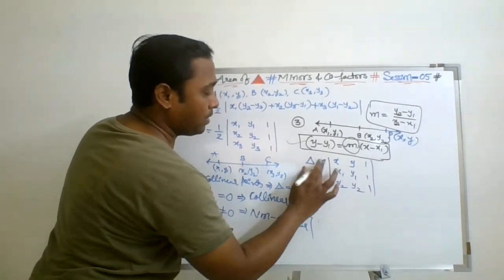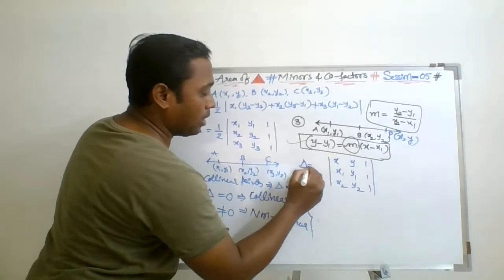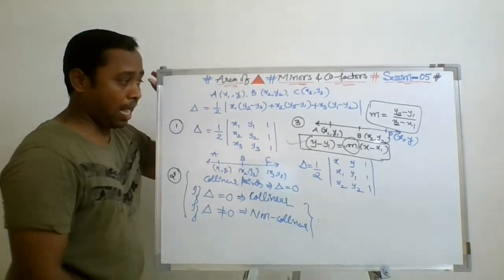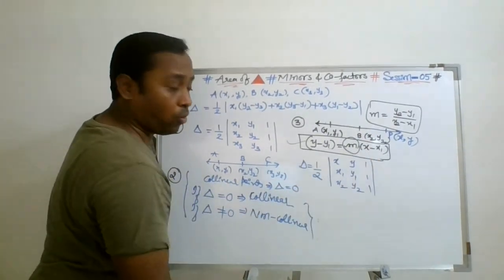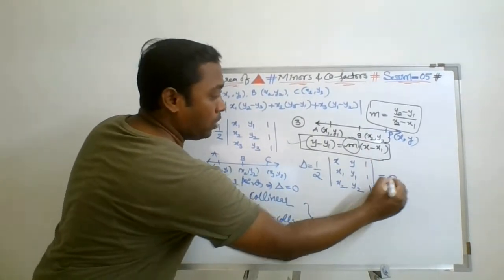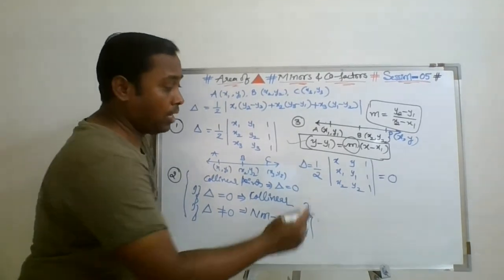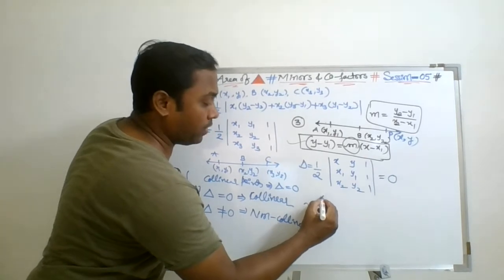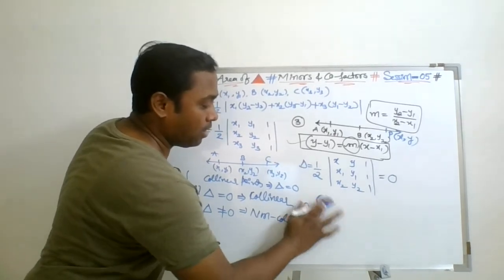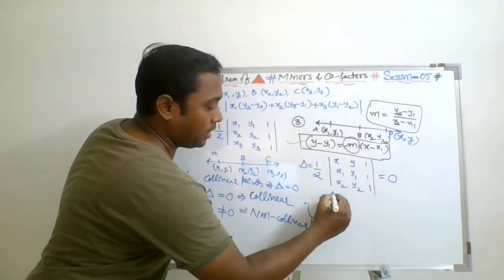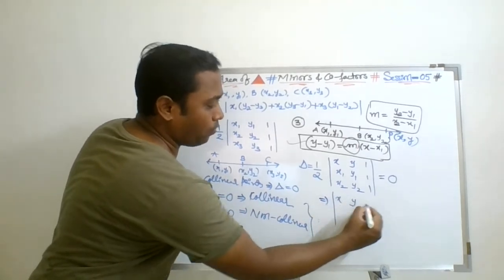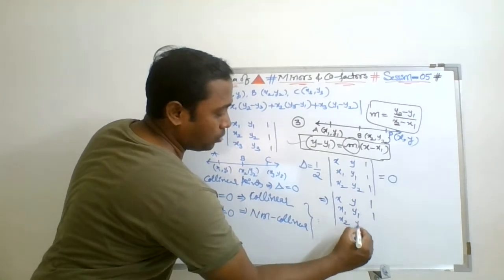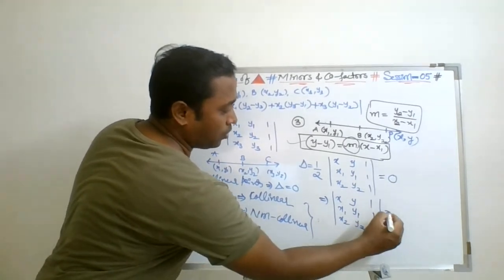So this is basically the area of the triangle formed by these 3 points. But as we know, these 3 points are collinear. This must be equal to 0. Hence, finally we are left with the determinant of x, y and 1; x1, y1 and 1; x2, y2 and 1, which is equal to 0.